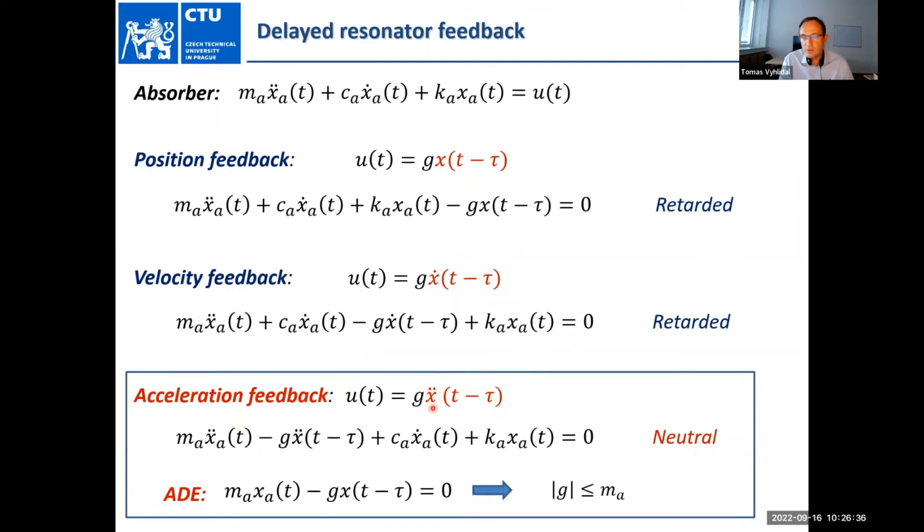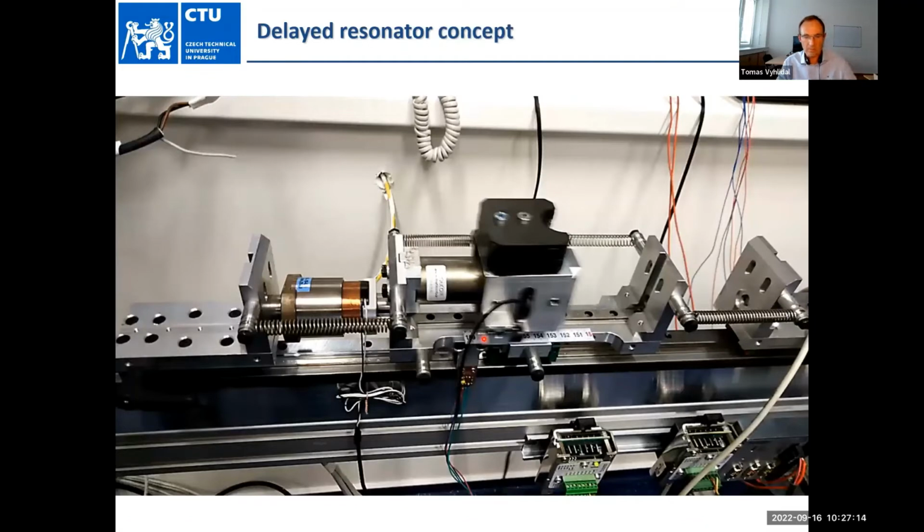The use of acceleration feedback is suitable for mechanical engineering applications because accelerometers are cheap and easy to employ in the system. You don't need a reference point, as is usual for position feedback, as you will see in my next presentation.